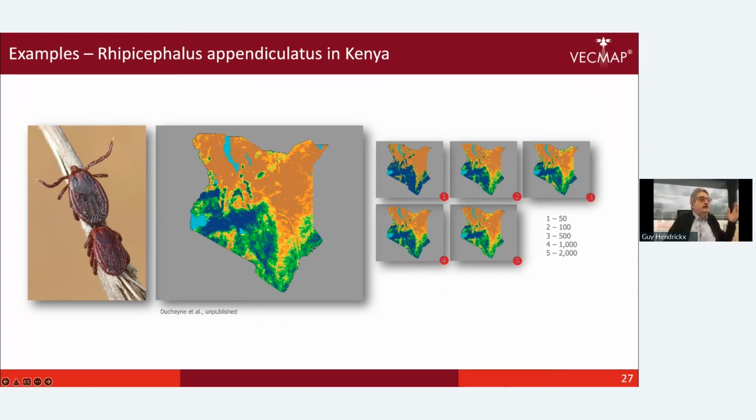But you can see that even for an area in Kenya of more than 500,000 square kilometers, somewhere between those two, you start having really interesting model outputs, between 100 and 500 samples for such a large area. Of course, Kenya is quite discriminated. These are lowlands and these are highlands, but anyway.